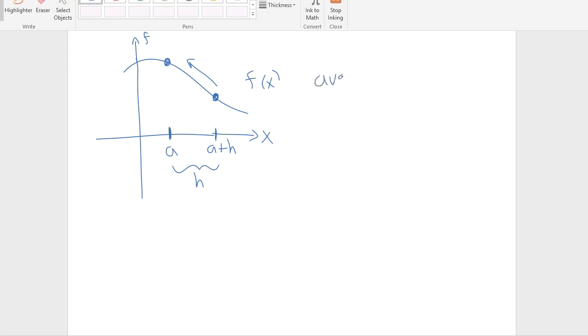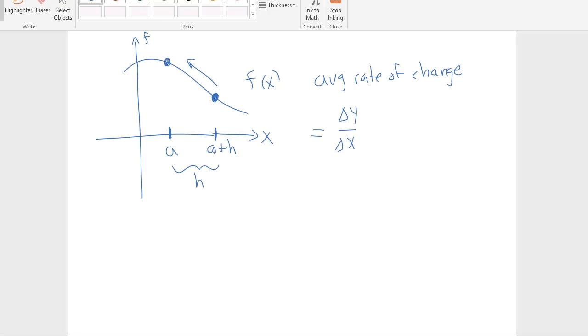Right? So our average rate of change, our slope of the secant line, is going to be the change in y over the change in x. Now, in particular, I need to know the y values and the x values. Whatever my function is, the y value comes from plugging this x value into the equation.